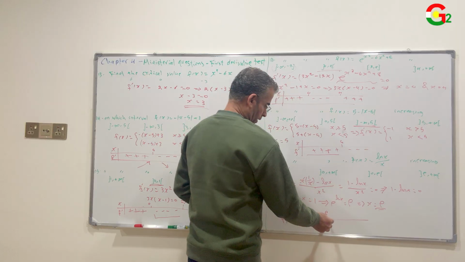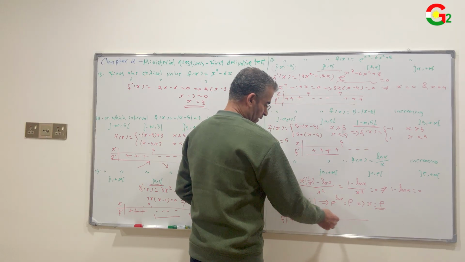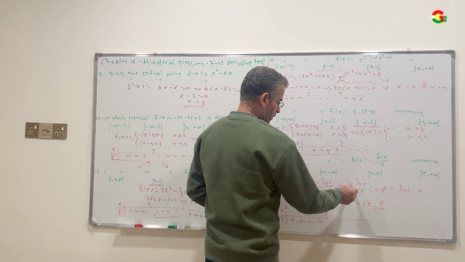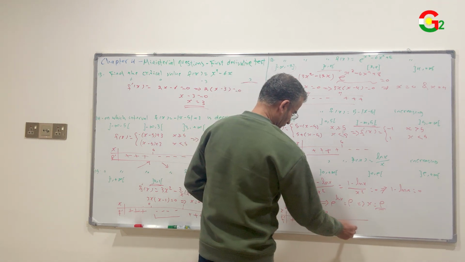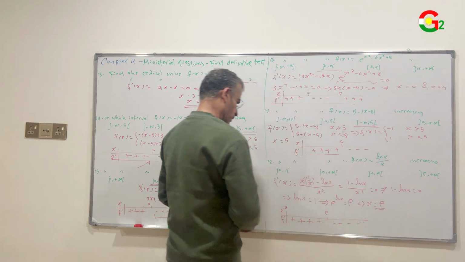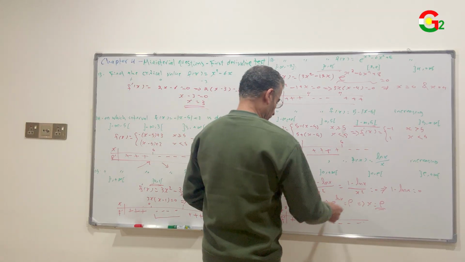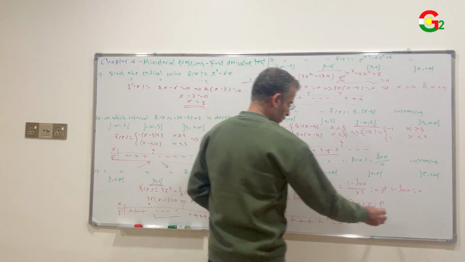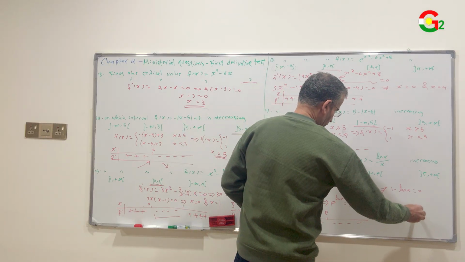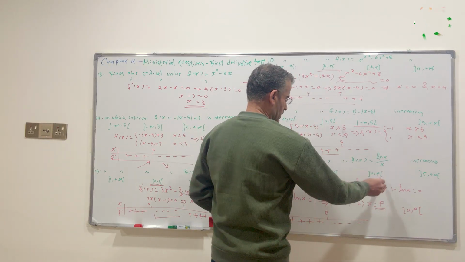When x is greater than e, take 3: 1 minus ln 3, negative value over positive value, negative value. Therefore, the interval of increasing is the open interval from 0 to e. Choice C.